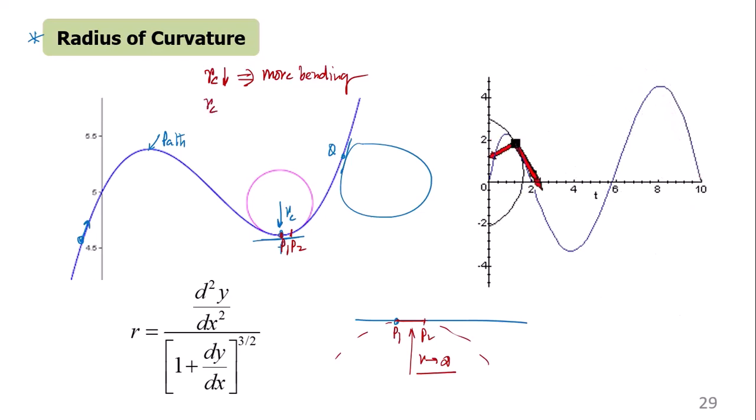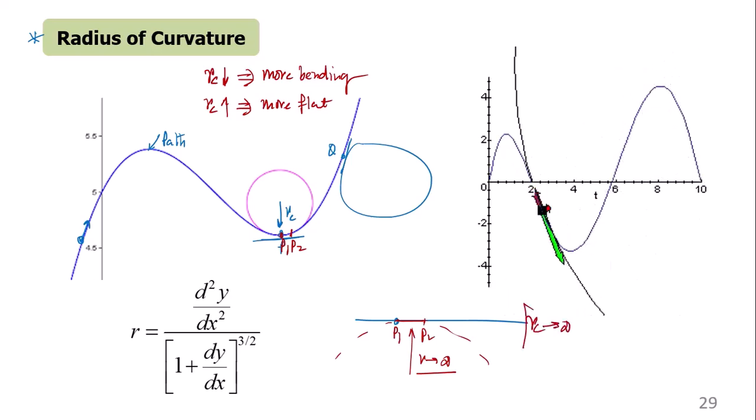If RC is on the higher side, the surface is more flat. For a perfectly flat surface, RC tends to infinity.